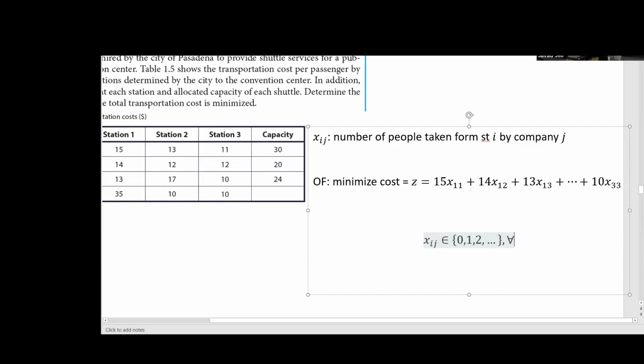This notation is for all i and j. It says for all values of i and j, 1, 2, 3, 1, 2, 3, for all of them, xij has to be an integer and positive. That's how you read that notation, for all.